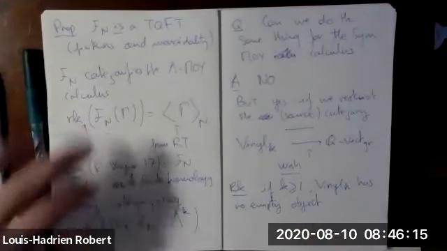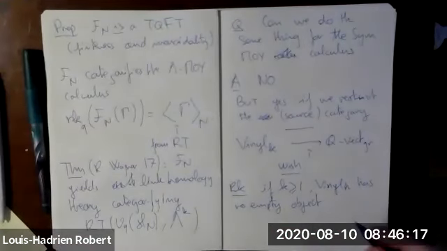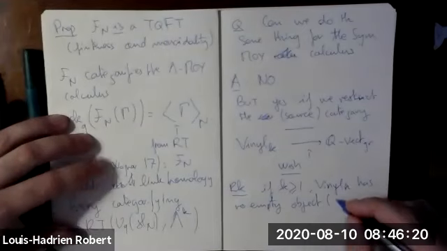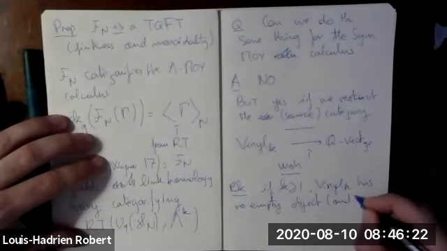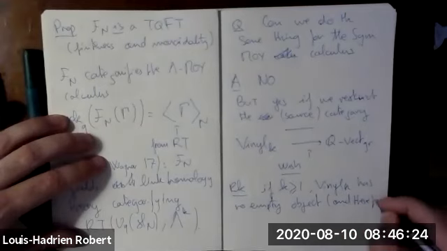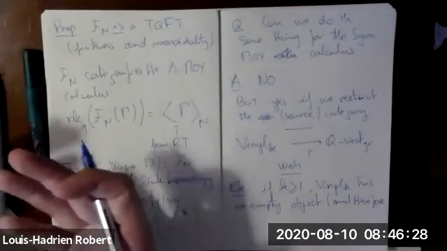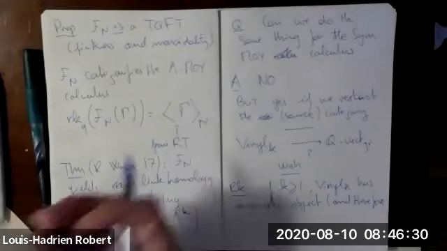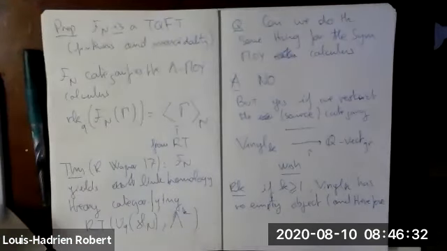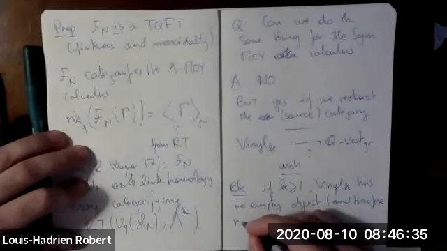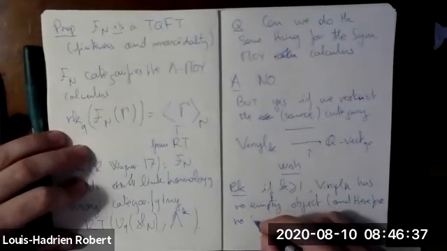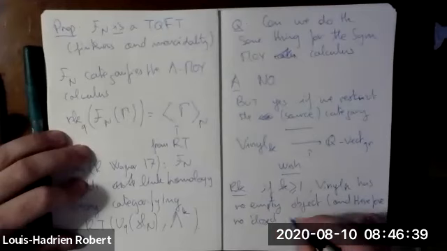Somehow this empty object was important, because if you have an empty object, you have morphisms from the empty set to the empty set, and so you have closed cobordisms. And so therefore, no closed cobordism.